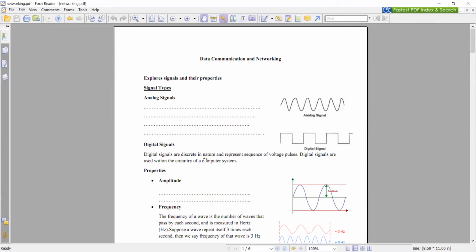When you take the digital signal, you can see digital signals are discrete in nature and represent a sequence of voltage pulses. Digital signals are used within the circuitry of computer systems.